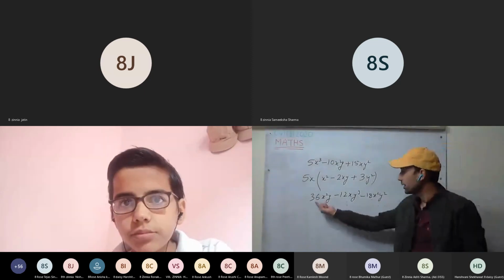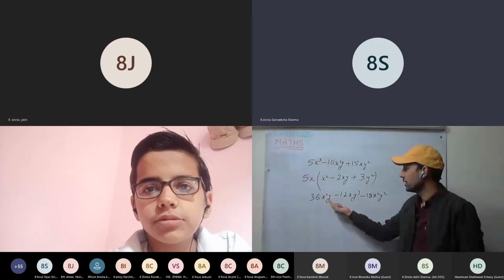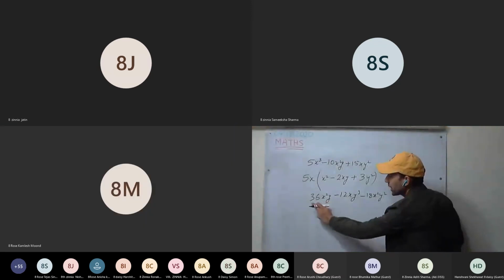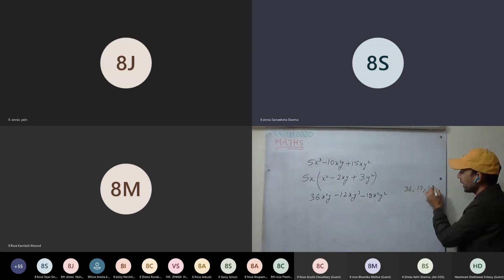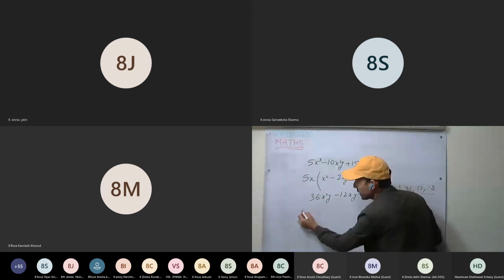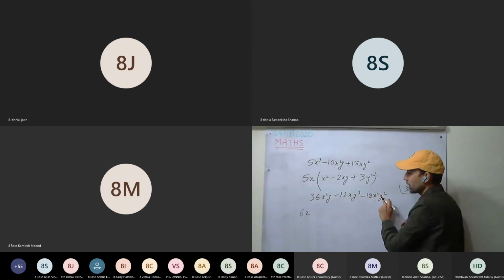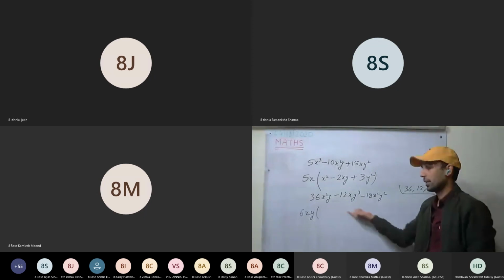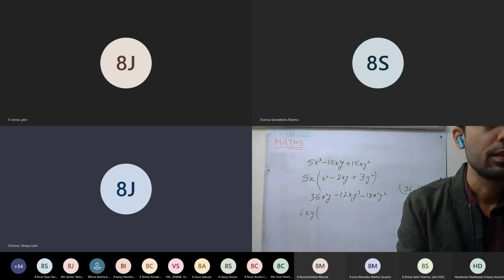So highest common factor will be 3xy. Anything more? Time is over. Okay, just 1 minute I'll take. See, if you're taking 3 outside, 2 actually is also a factor. So take the highest common factor, 6. 6 will be the highest common factor. Okay, x square, x; y cube, y square, y. So 6xy. Divide each term by 6xy. Okay, you can do the remaining. 6x minus y square minus 3x.